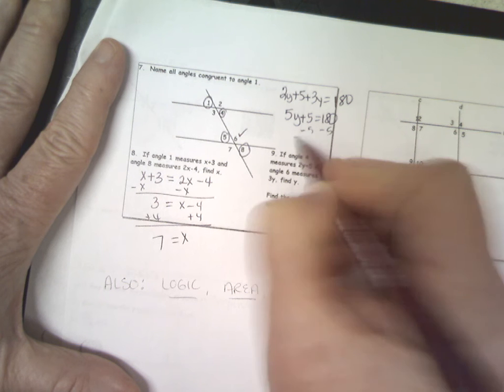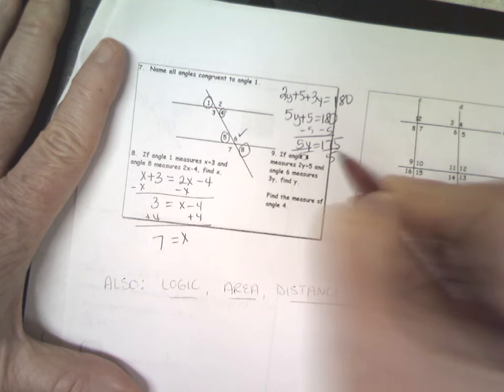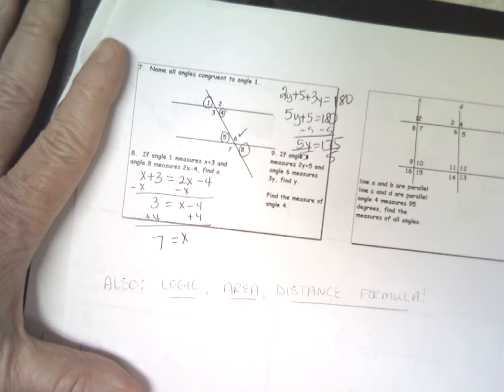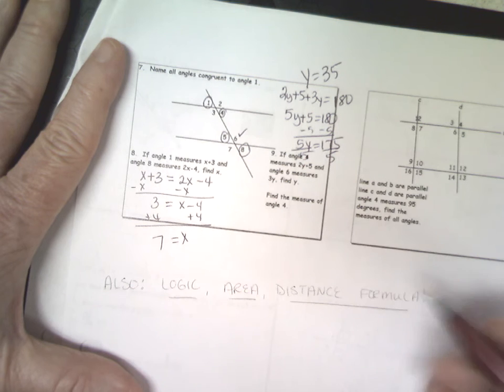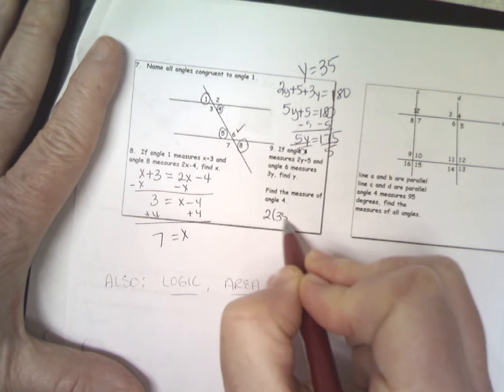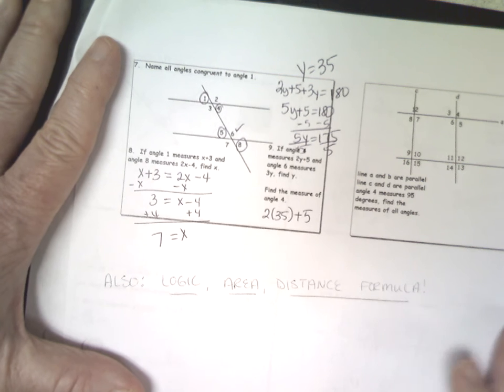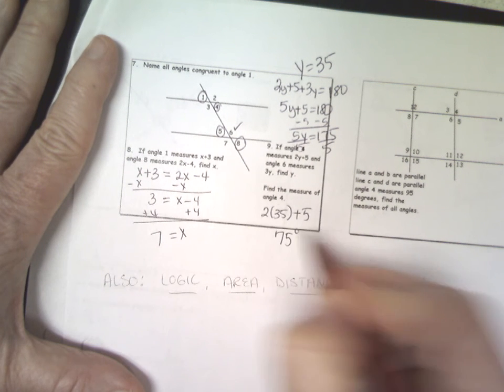Subtract the 5. 5y is 175. Divide. 175 divided by 5 is 35. So y is 35. Find the measure of angle 4. 2 times 35 plus 5 would be 70 plus 5, which would be 75 degrees.